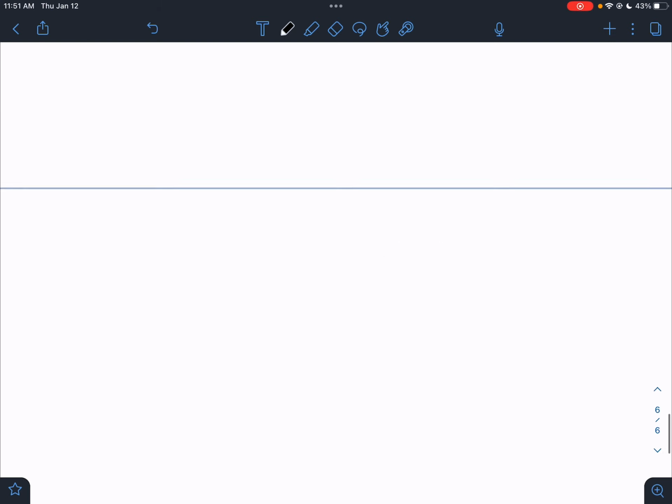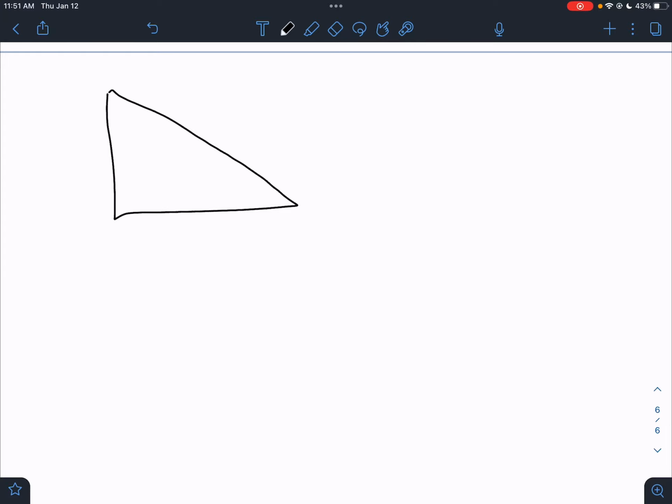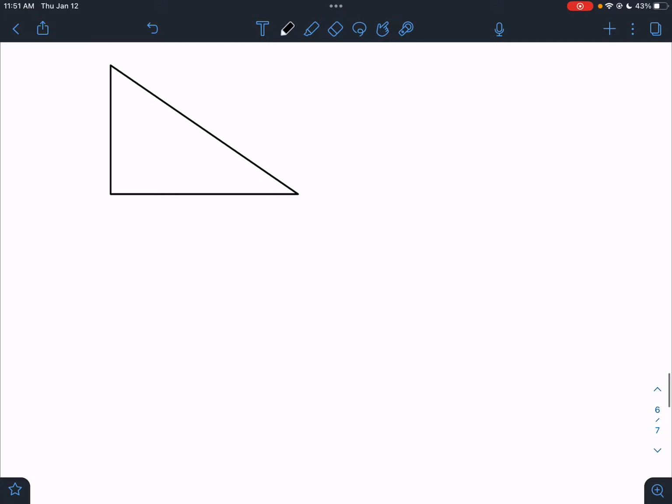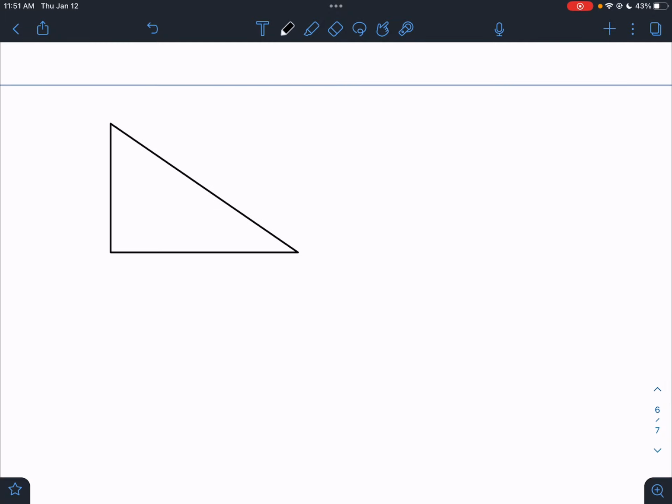Let's do one more. Let's do 11 degrees. And we know that this is 7 and this is x. So what do we have? First job every time, identify the angle you're working on, 11 degrees.